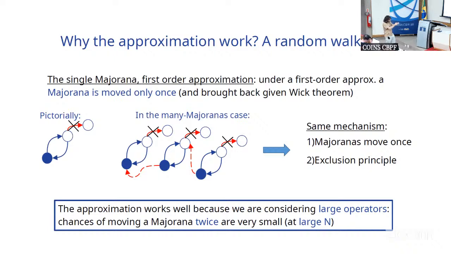So if we have an infinite number of Majoranas that are ready to be moved, the chance that, by picking Majoranas at random, we will move a single Majorana twice is suppressed again by 1 over n factors. Once a Majorana is moved, the chance that I pick this Majorana again randomly and move it a second time is overwhelmingly small. So this approximation is working well exactly because of the kind of initial operators that we are considering and that control the charging power.